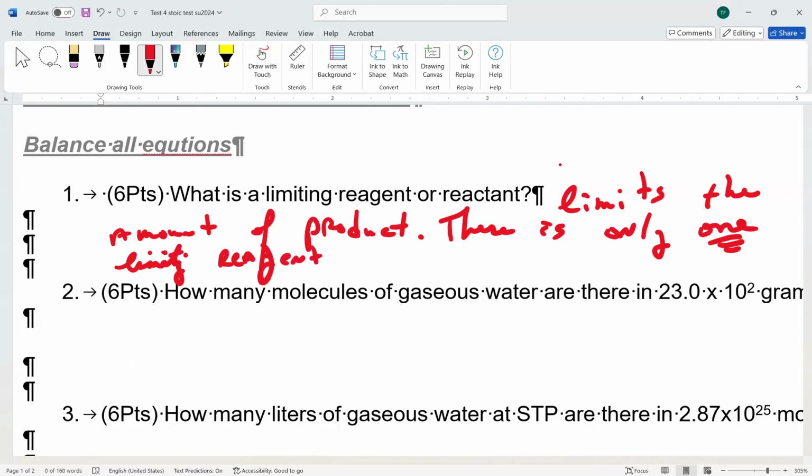Okay, so it limits the amount of product. There's only one limiting reactant. Now, if I give you 5 givens, only one of them is a limiting reactant. If I give you 2, only one is. It's always one.